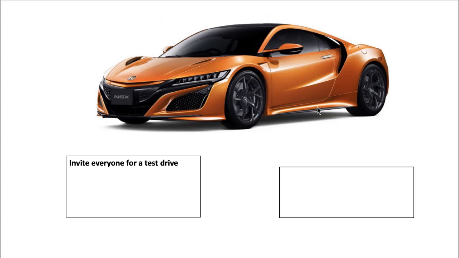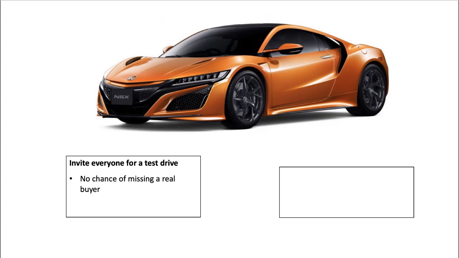So to bring this whole positive negative discussion back to a very practical context, let's go back to our sports car example. On the one extreme, if you want to not miss even a single person who's a prospective buyer, then your choice, of course, is to invite everybody for a test drive. If you do that, there is no chance of you missing a real buyer. Suppose there's a person who's a buyer.